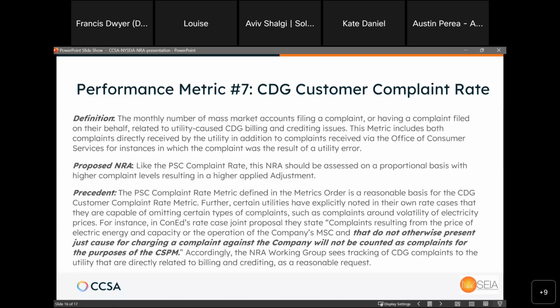Second of all, because of that, we're proposing expanding it to both the PSC OCS complaints, which is what the current metric is, and to the utility complaints. We recognize that some of the utility complaints probably do not get coded as utility complaints or in this bucket because they are perceived maybe not as the fault of the utility. So that's part of having this combined.